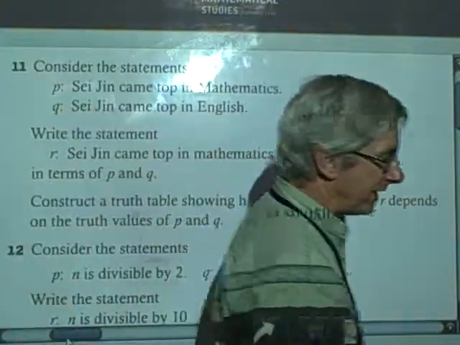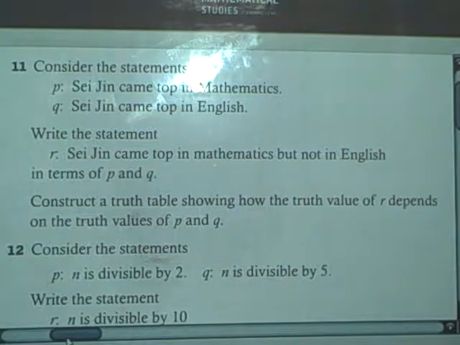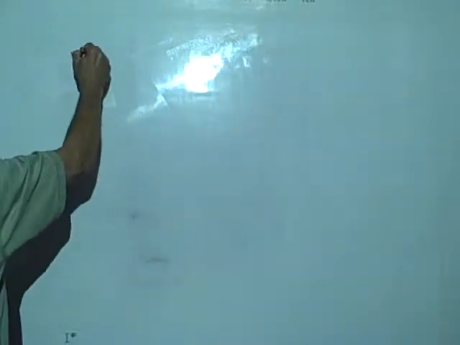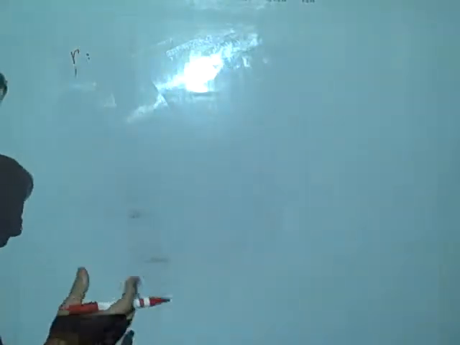Now let's get a blank slate. Okay. Here's what we want. Statement R said that P was true, but Q was not true. All right, P was true, but Q was not true.